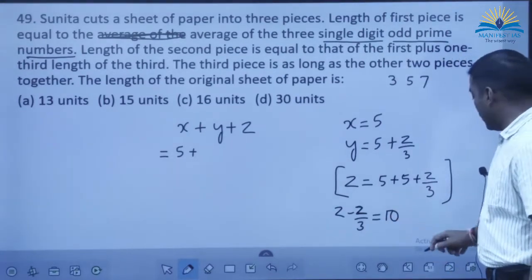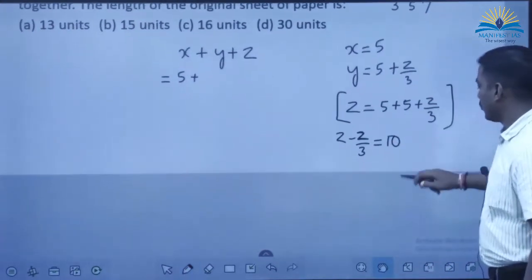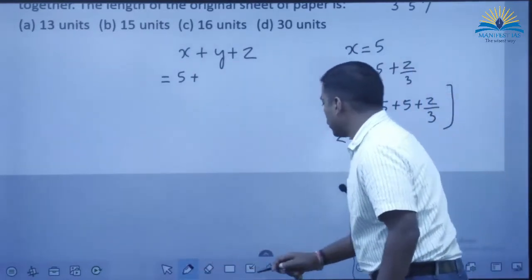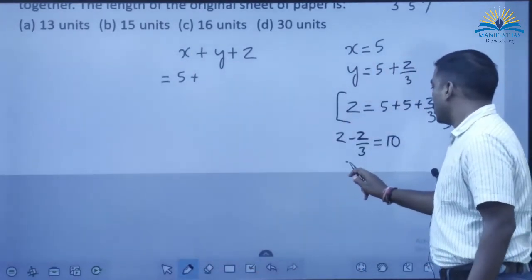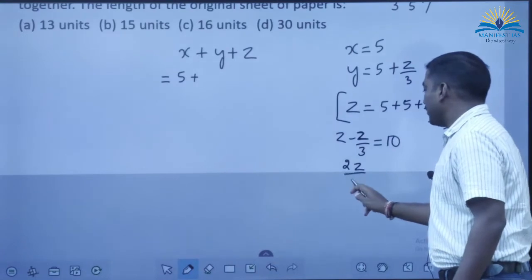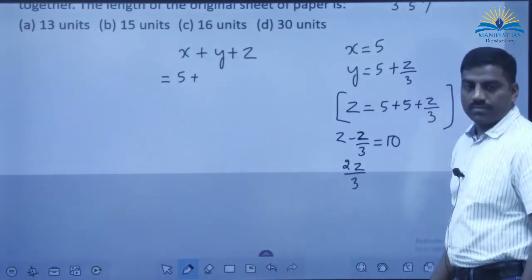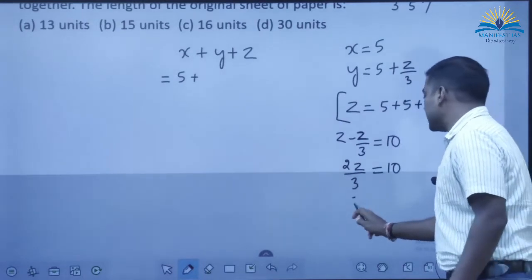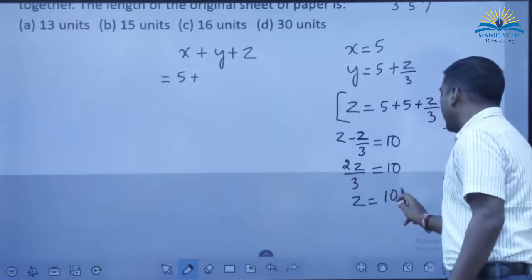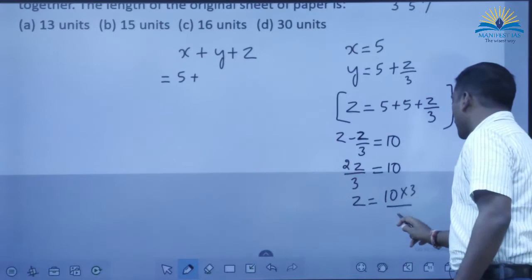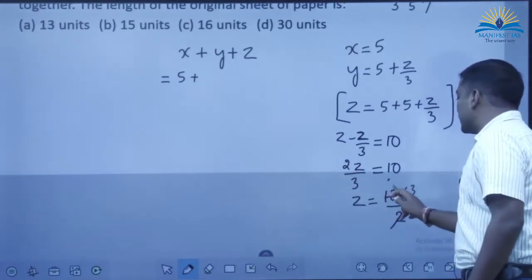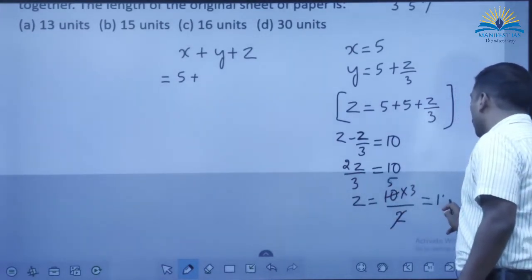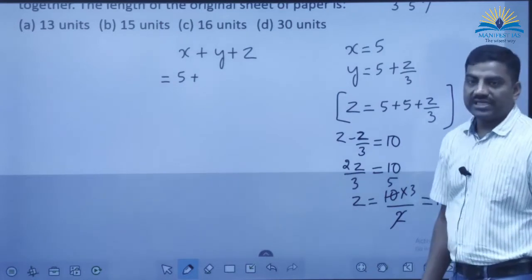Z minus Z by 3 is equal to 2Z by 3, yeah, is equal to 10. Z is equal to 10 into 3 by 2. 2 ones are 2, 5 twos are 10. So Z is equal to 15.